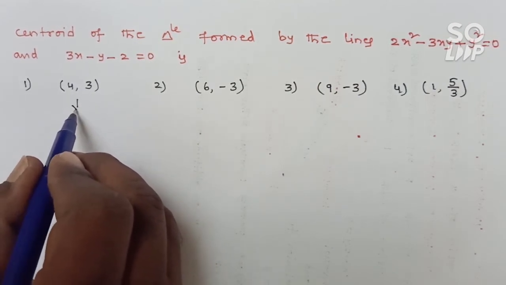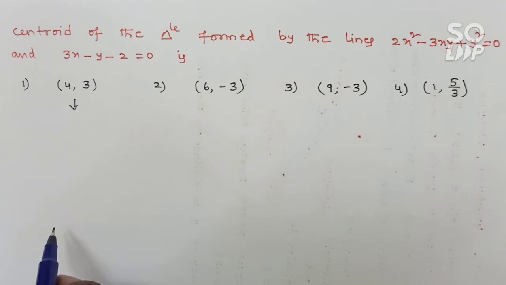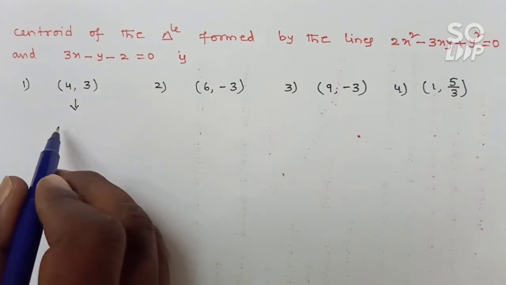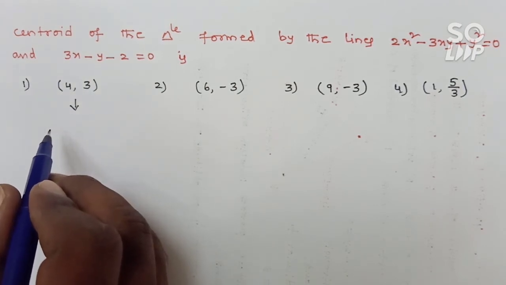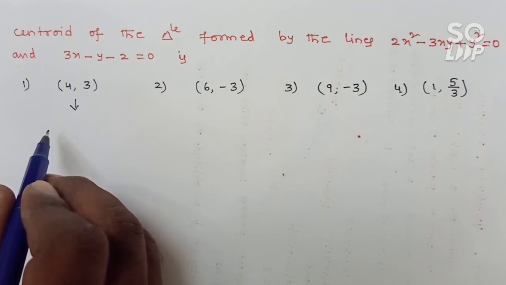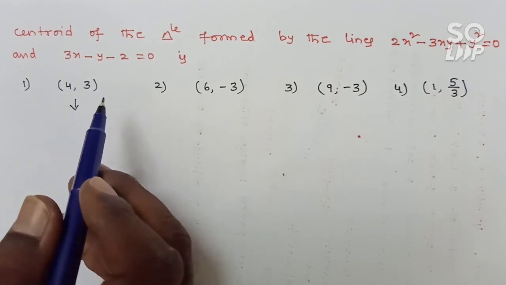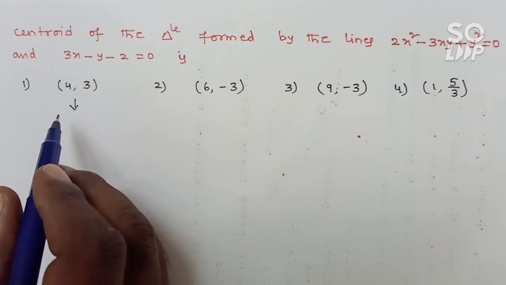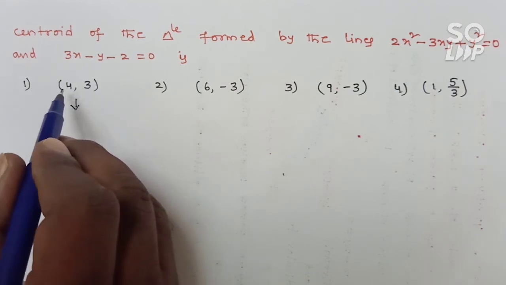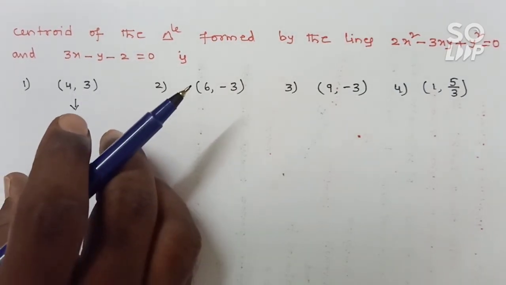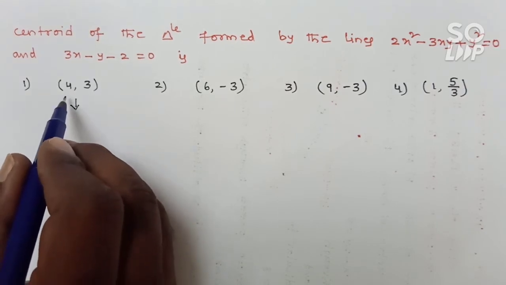Then what is the midpoint of the third side? The midpoint of the third side will be (3/2 x1, 3/2 y1). Centroid is (x1, y1).